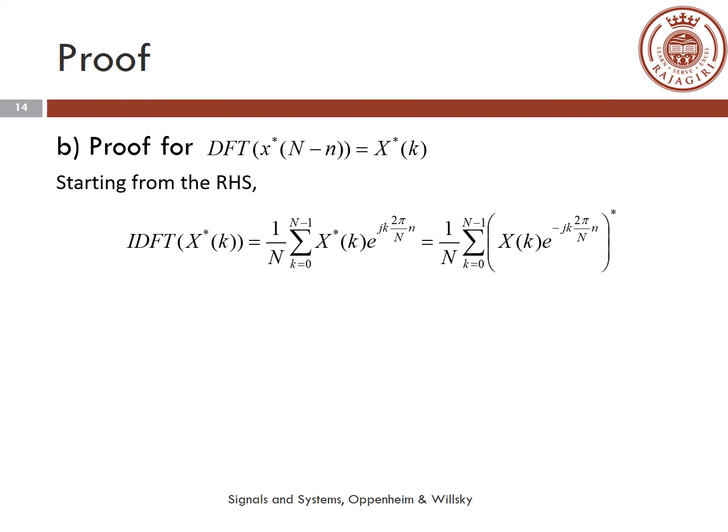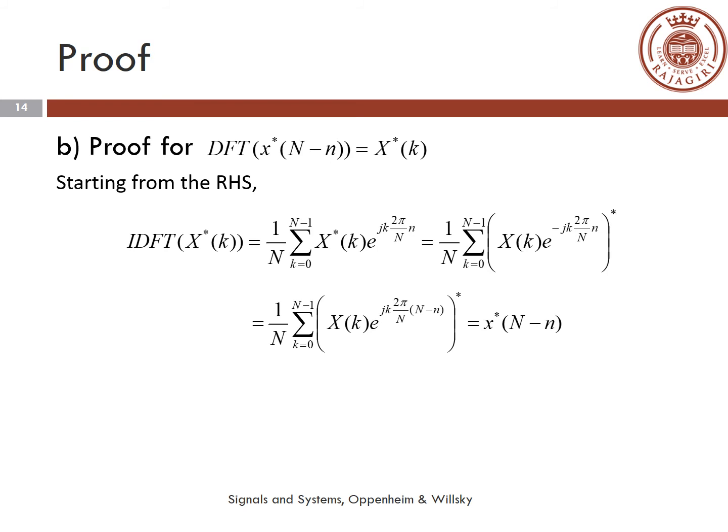Here also I want to take the conjugate outside. Therefore, I can write it as X of k e raised to minus j k 2 pi by N into n. And to make it of the form that I want, I can replace this small n by capital N minus n, because it's not going to affect my equation.